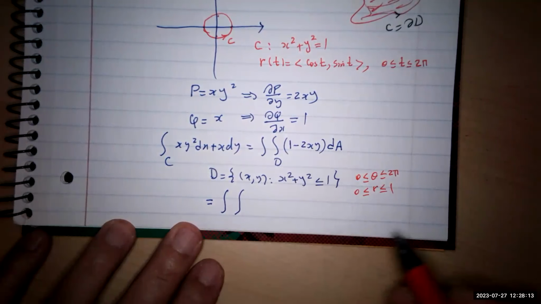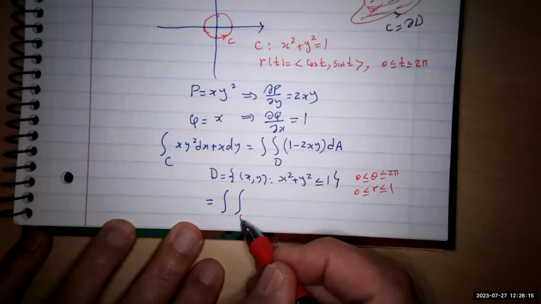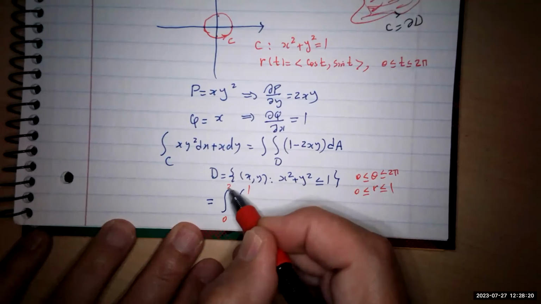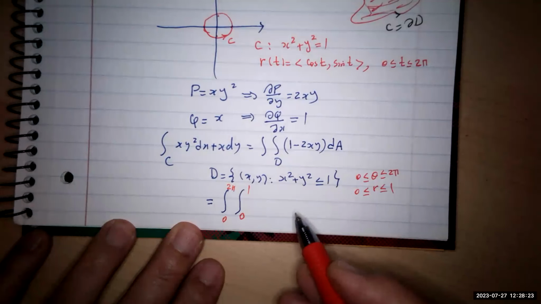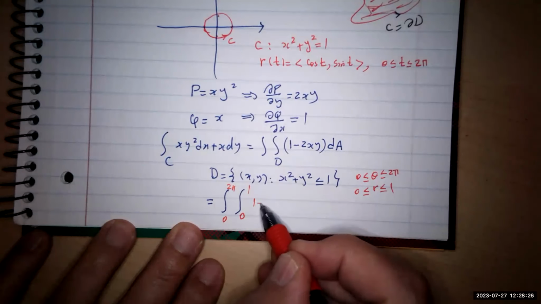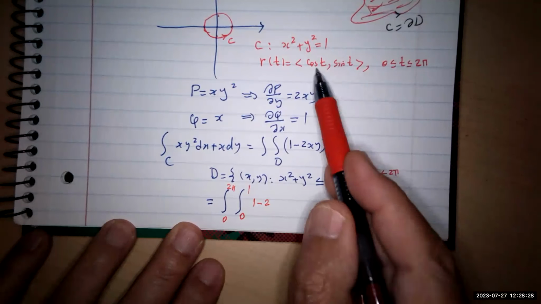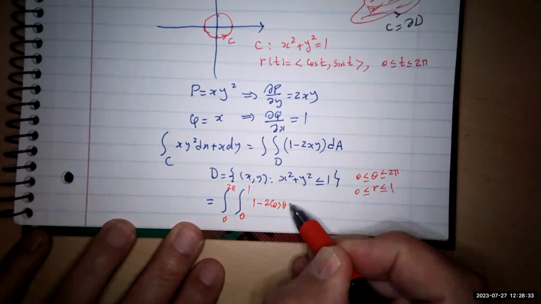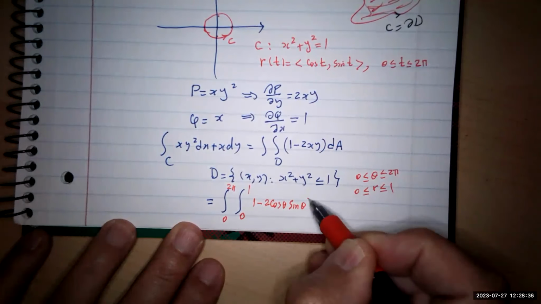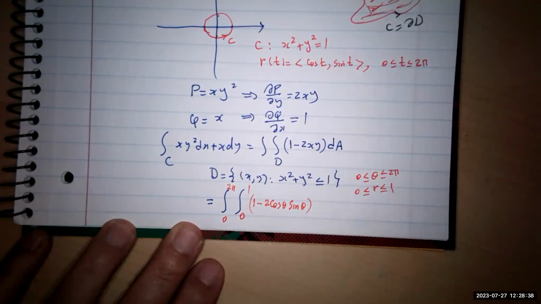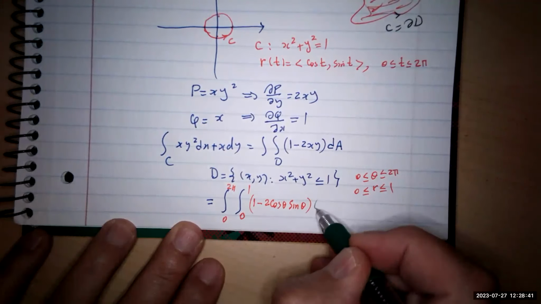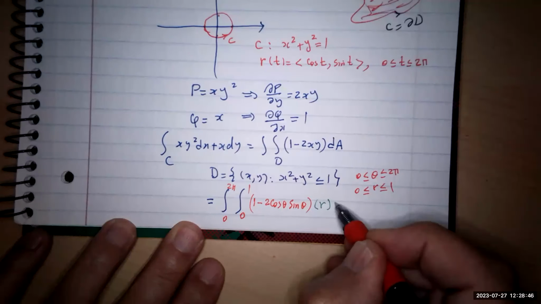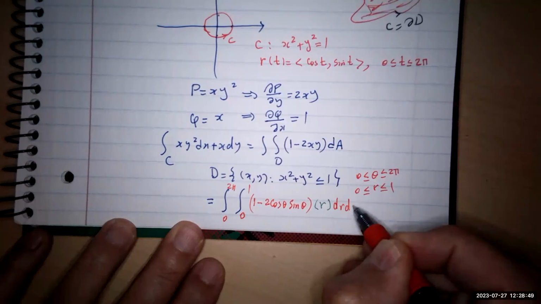We integrate with respect to r first, from 0 to 1, and with respect to theta from 0 to 2 pi. Then substitute for the values: it's going to be 1 minus 2x, where x is cosine of theta, times y, which is sine of theta. But remember there is an extra r for the polar coordinates. Then we go with dr and then d theta.